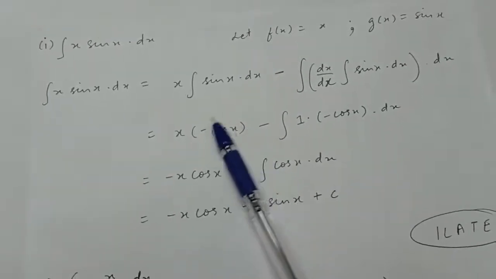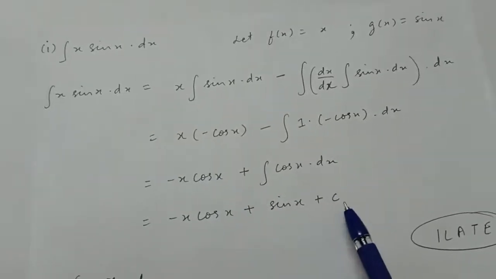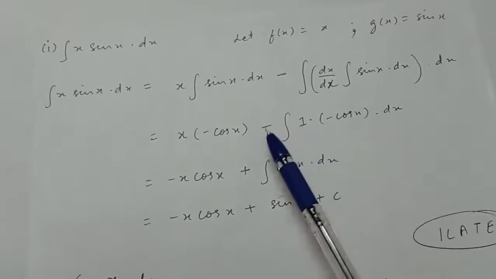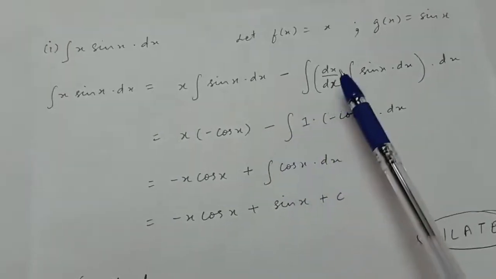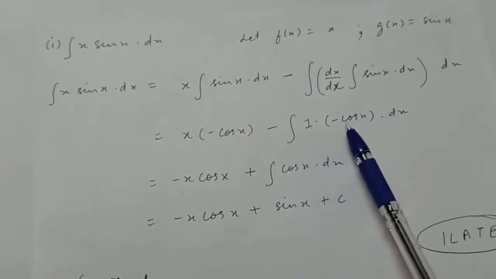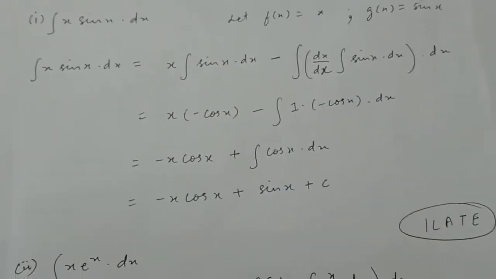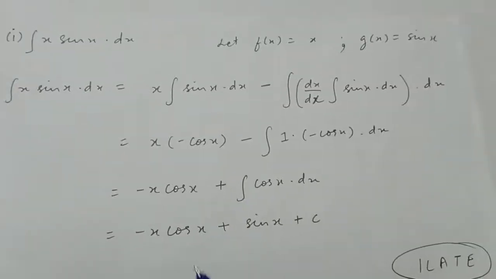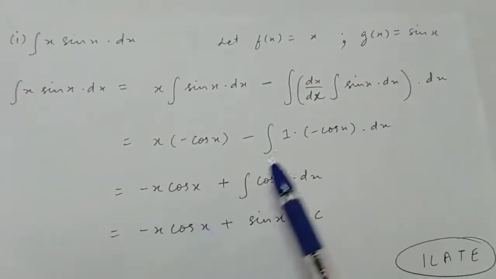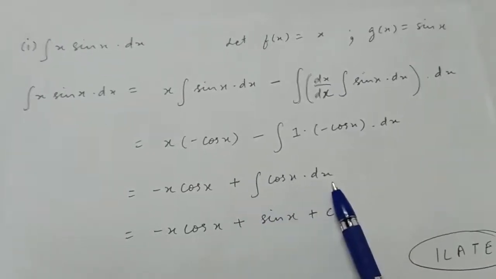See, do not write c here, we will write c, the constant of integration, at the end of the question only, right? Minus integral of, now derivative of x is 1 and integral of sin x is minus cos x. Now this will become minus x into cos x. This minus minus will become plus integral of cos x into dx.